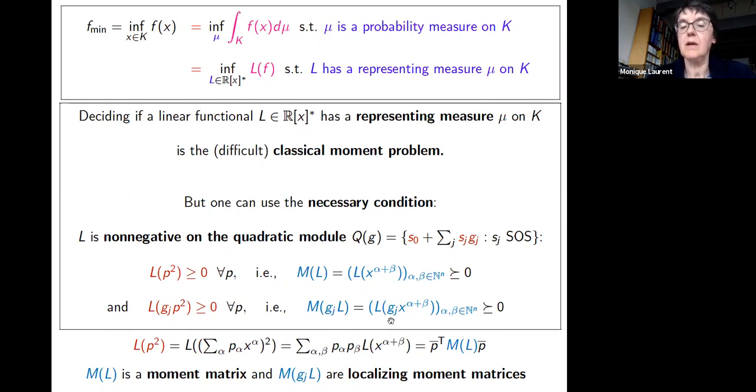You just plug in the polynomial inside here. These localizing moment matrices should all be positive semi-definite. The goal of these localizing moment matrices is to ensure that the support of the measure which we are looking for is going to be contained in the semi-algebraic set defined by the polynomials g_j.